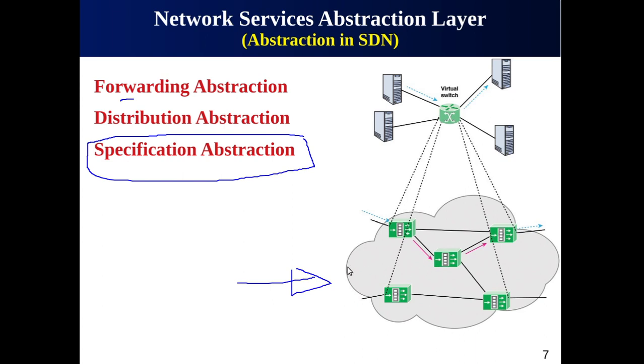This is the physical network, which is a collection of different switches, and on top of that we have only a single virtual switch. This is possible because of the abstraction. The abstract view is like a single virtual switch, although we have multiple switches in the physical network, but the details are hidden.